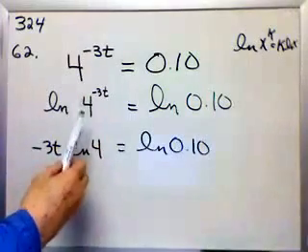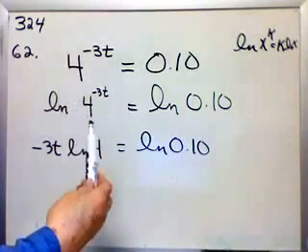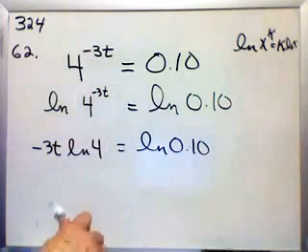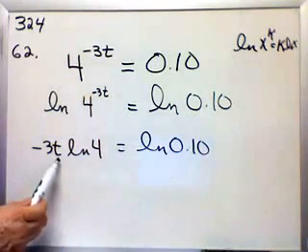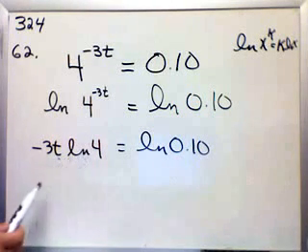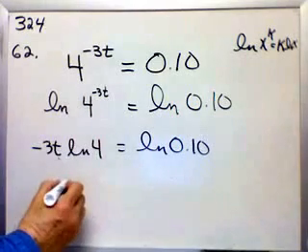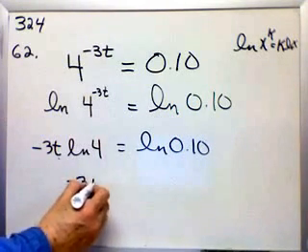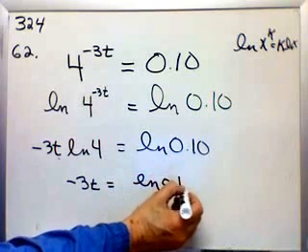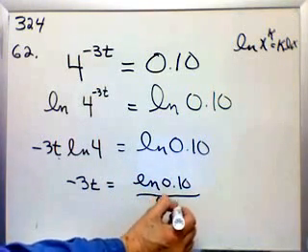Now, I didn't change the value, I just rewrote that. It's sort of like sometimes in algebra you add like terms to start simplifying. Now at this point I'm solving for t, so I need to get the t by itself. So let's divide both sides by ln 4. So now I have negative 3t equals ln 0.10 divided by ln 4.